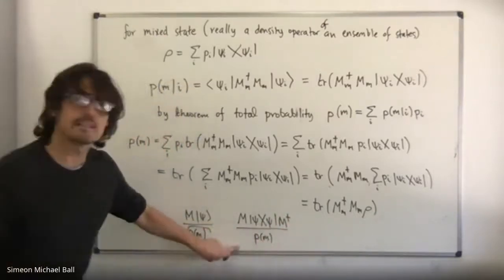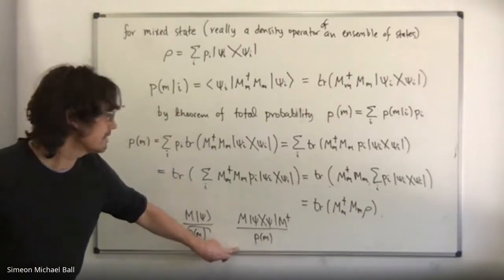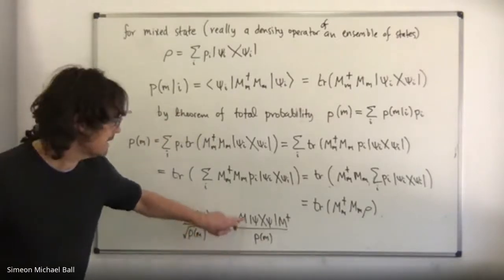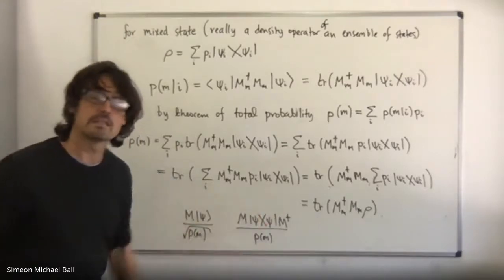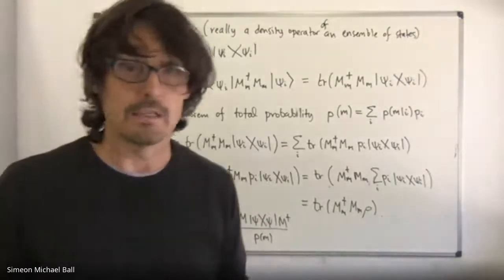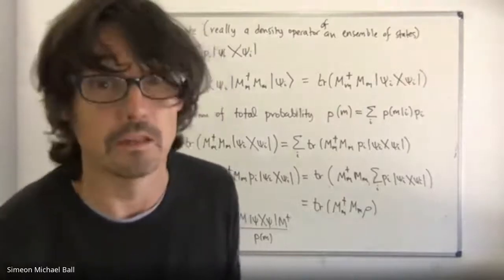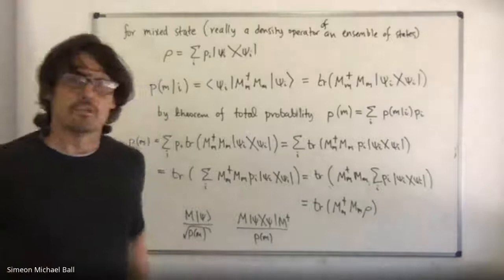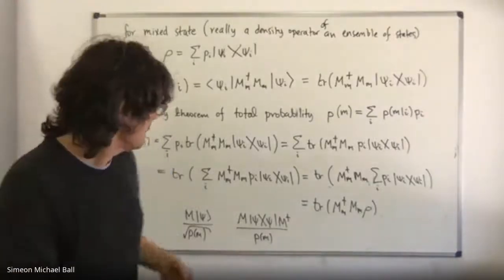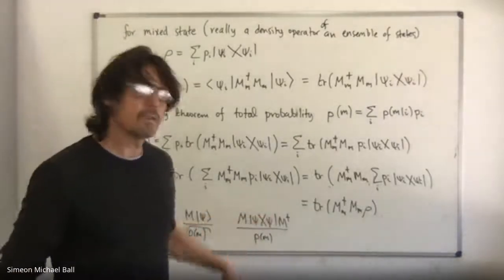As a density operator, this is this. And unsurprisingly, we will again have M rho M-dagger divided by the probability, for mixed states as well, for general density operators for ensembles of states. So we get the same formula coming through.